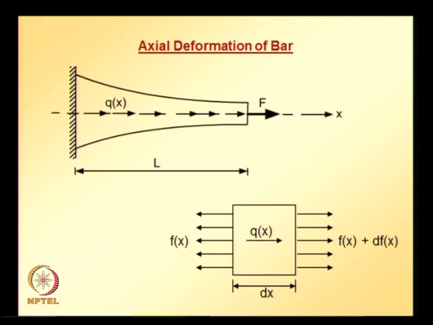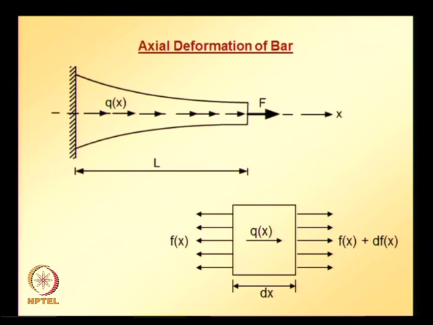we can sum up all the forces acting in the x direction. Body or distributed force Qx is acting over length dx, Fx is acting on the right hand side, and Fx plus dFx is acting on the left hand side.